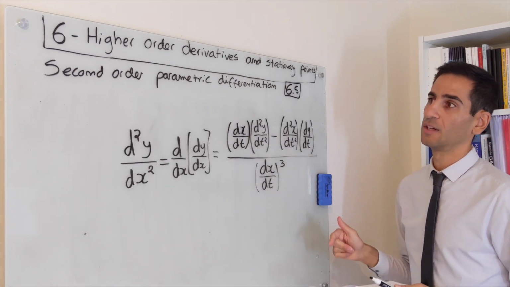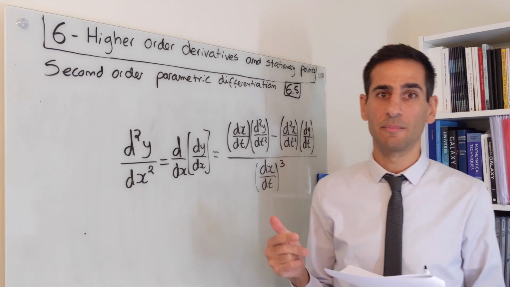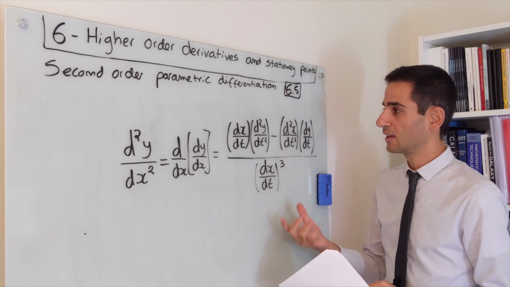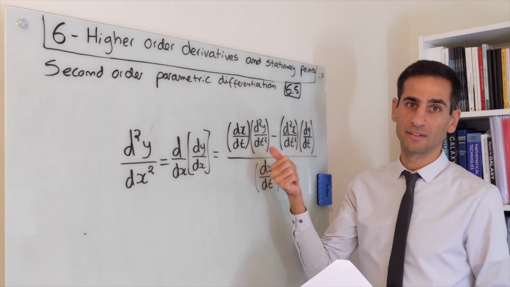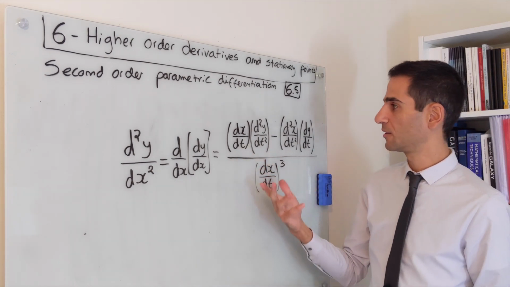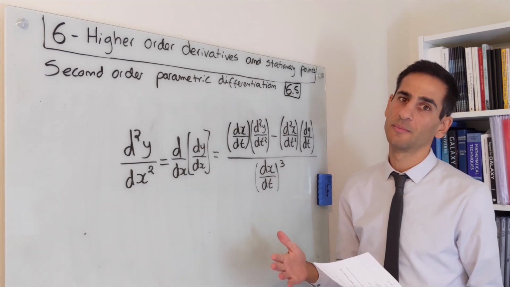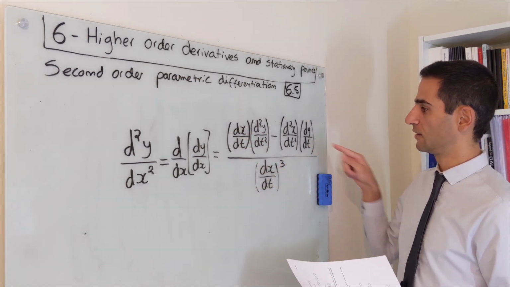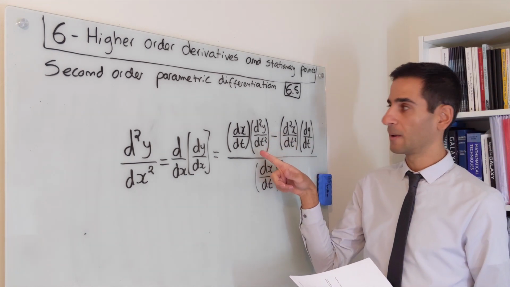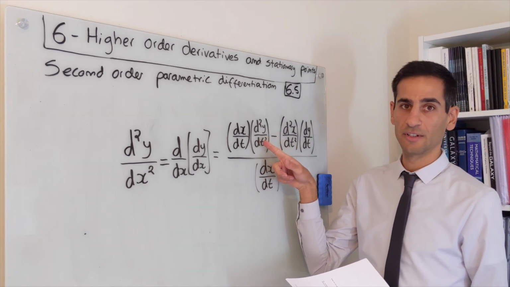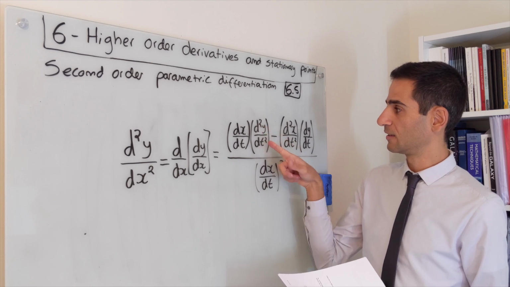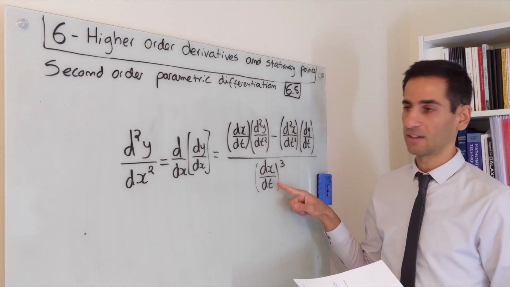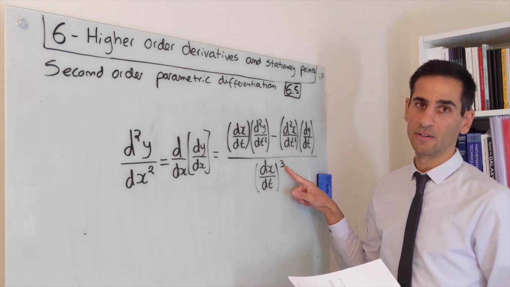And this is how you would obtain second order parametric differentiation essentially in one go. It means you need to calculate the terms you will already require for the first parametric differentiation, that's the dx/dt, dy/dt. You then need to multiply them by the second order derivatives, and then you divide by dx/dt to the power of 3.